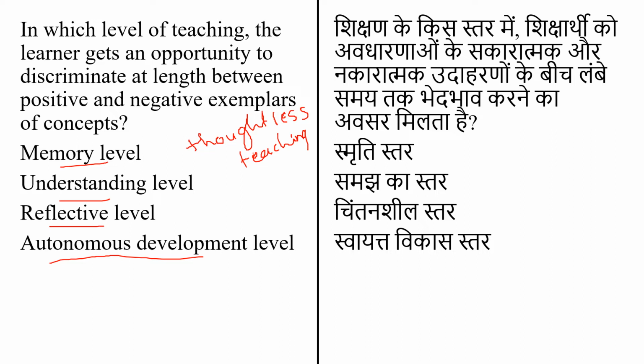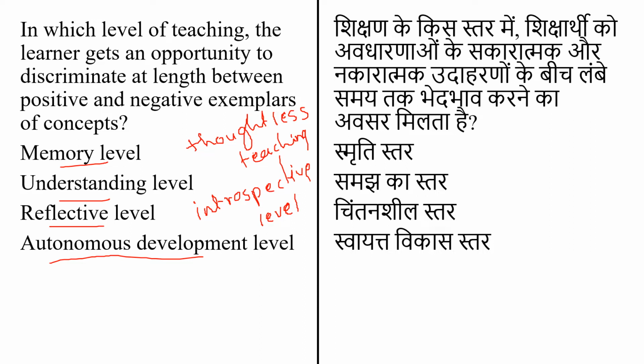Then there is the reflective level. This level is also known as the introspective level. Once the student memorizes things, then understands them, then he tries to reflect on them. Reflective level is useful for higher levels of education.